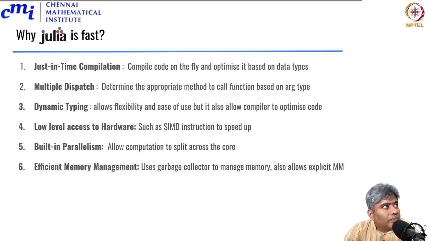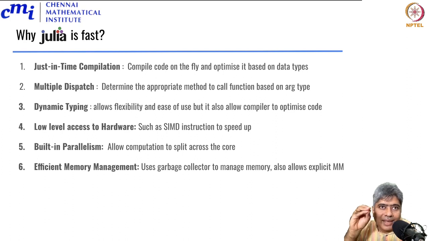Another one of the beautiful features of Julia is multiple dispatch. It determines the appropriate method to call a function based on argument type. Typically, you have an operation that differs based on the argument type.